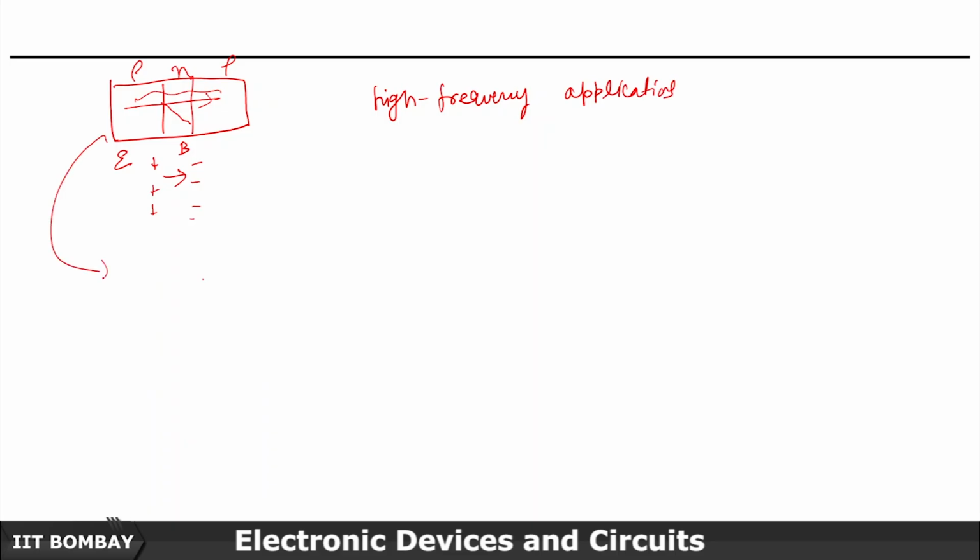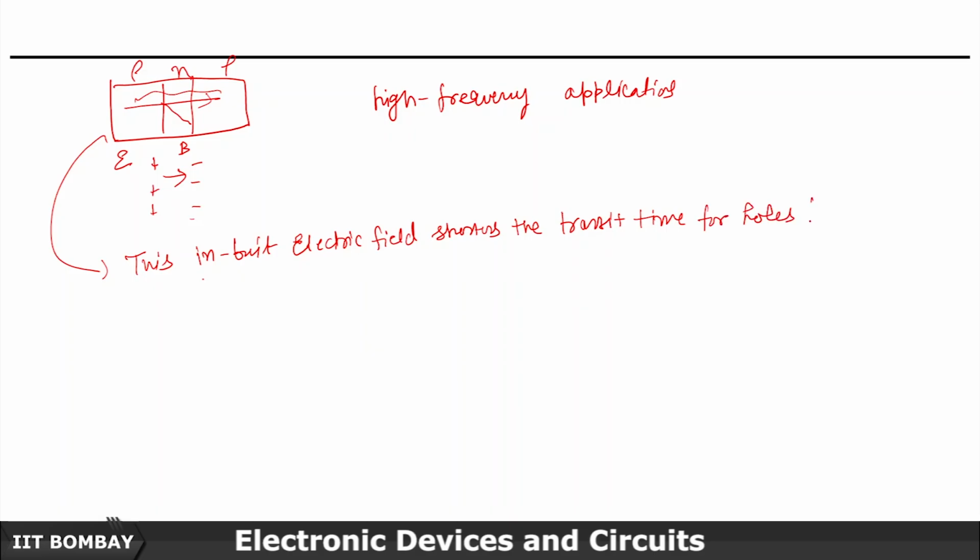So you can say this inbuilt electric field shortens the transit time for holes from emitter to collector. And this is very good.